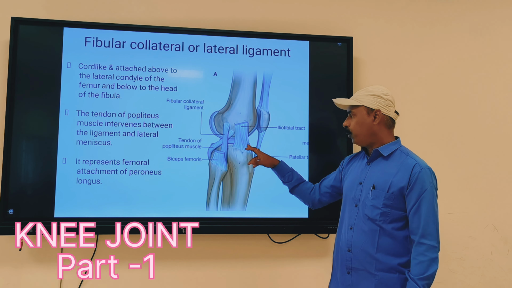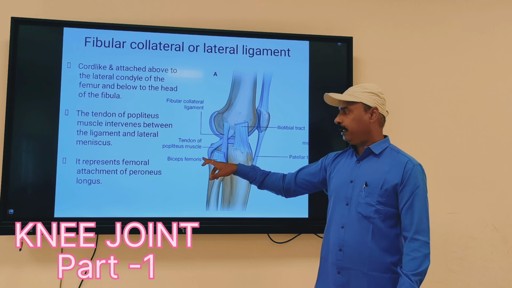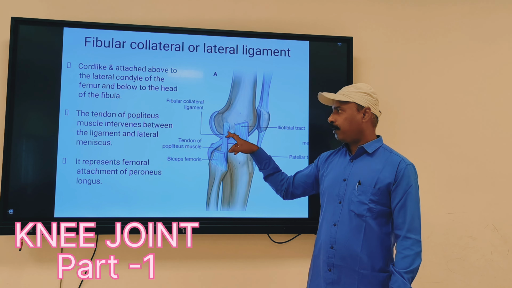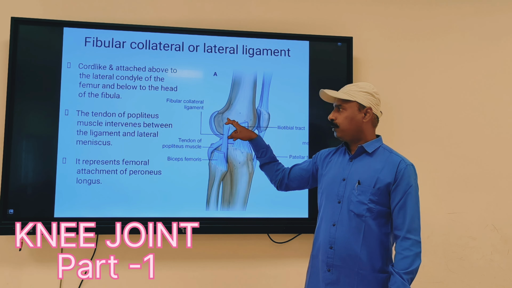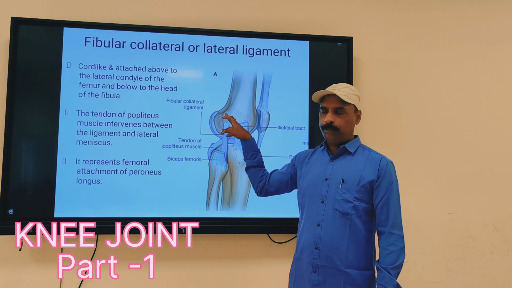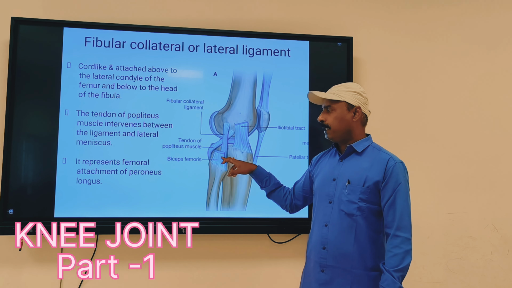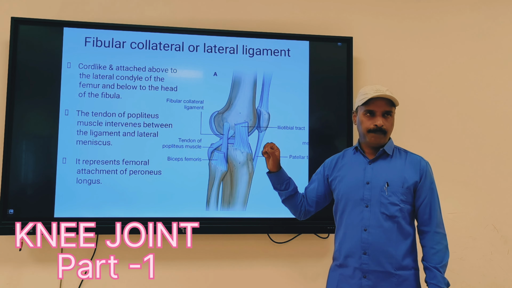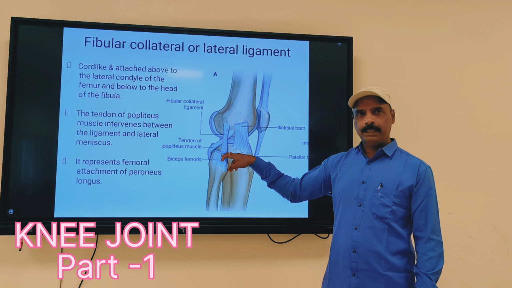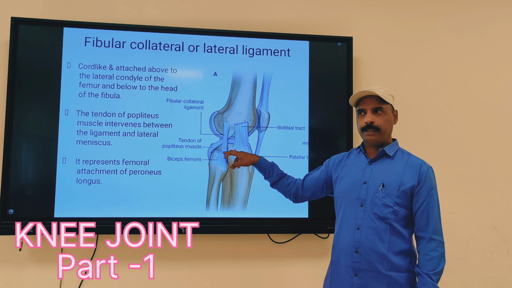So you have to remember that here you have the biceps femoris, and the fibular collateral ligament is attached above to the lateral epicondyle of the femur, and below to the head of the fibula. I have told you about the C-shape attachment. Within that C-shape we have the biceps femoris attached.